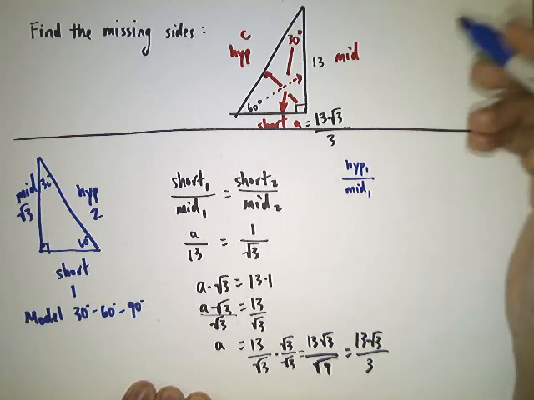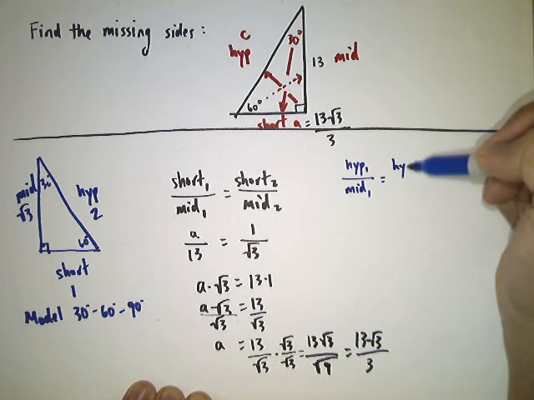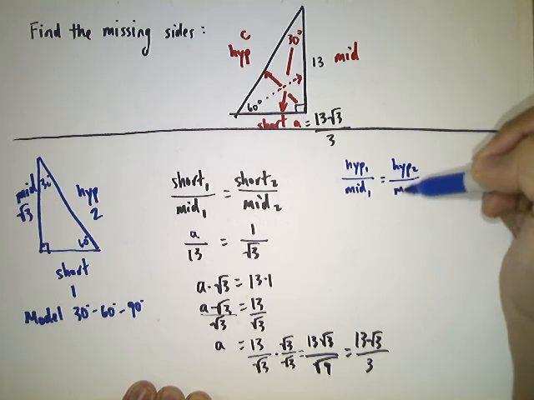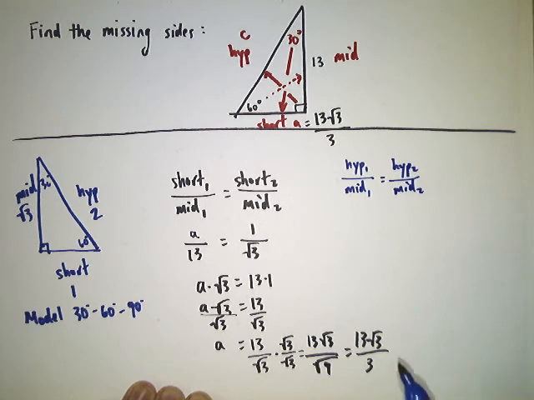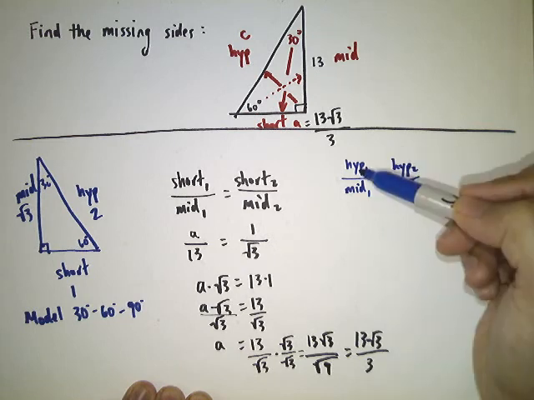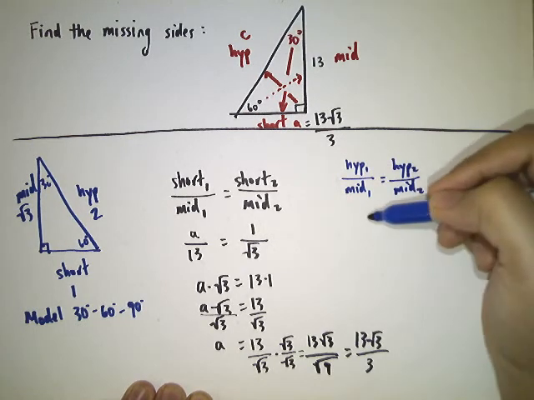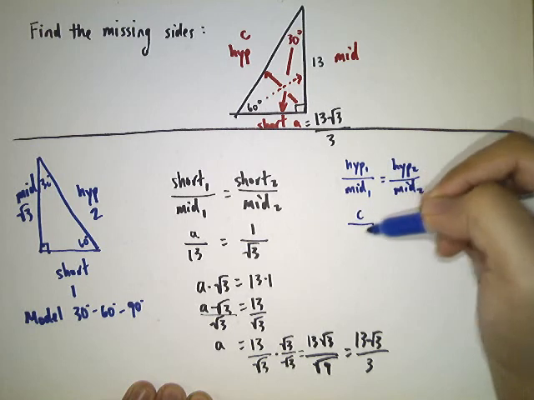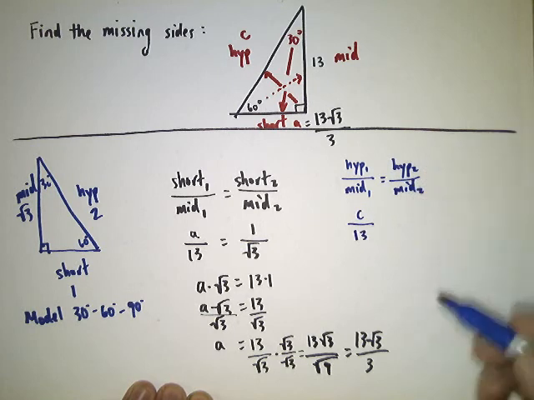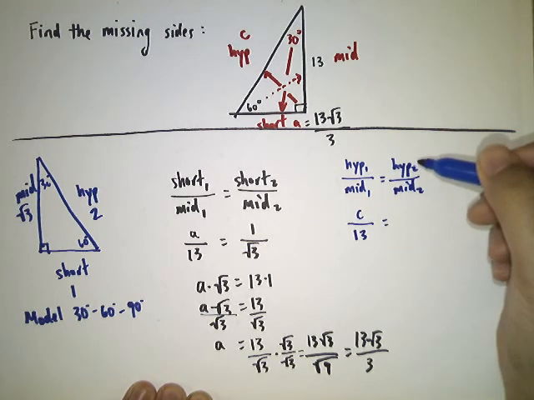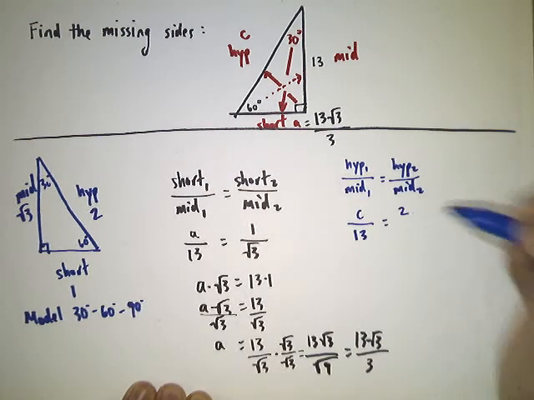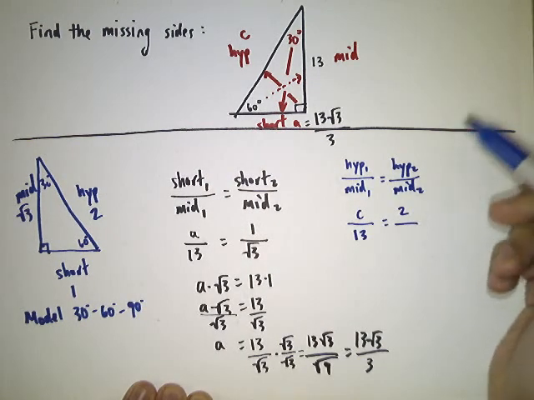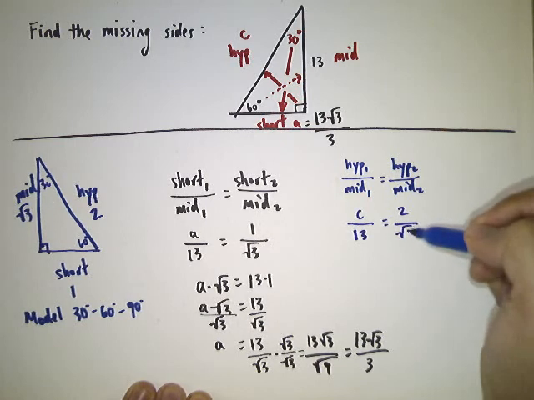And that equals hyp 2 divided by mid 2. Let's fill it in. Hyp 1, we don't know, that'll be C. Mid 1 is 13. Hyp 2 is going to be 2. And mid 2 will be root 3.